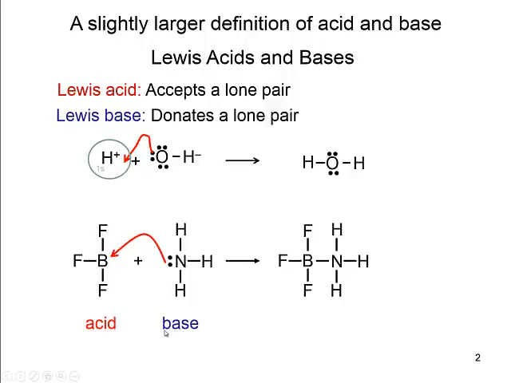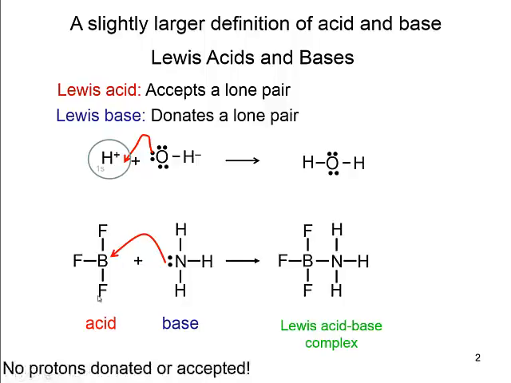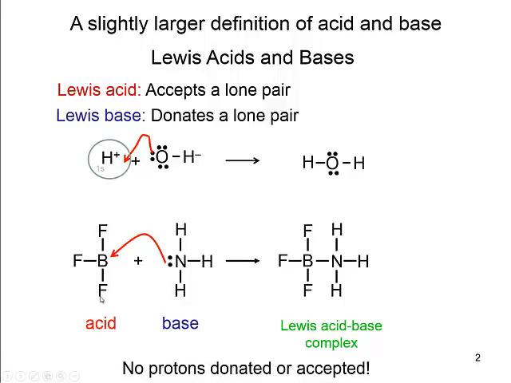Nothing changes. Anything that's a base in Bronsted-Lowry remains a base in Lewis acid-base theory, but we can clearly see that no protons have been transferred, yet we can still think of this as being an acid combining with a base. So there don't have to be protons exchanged in Lewis acid-base theory.